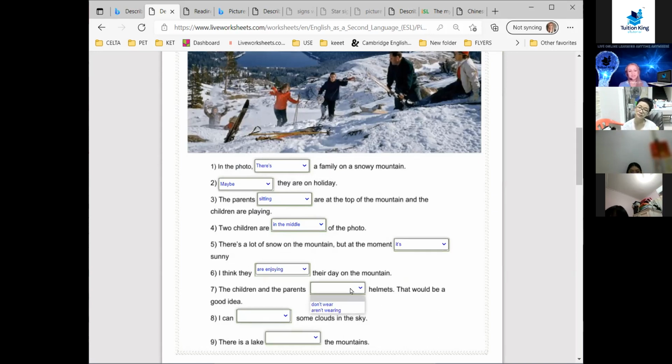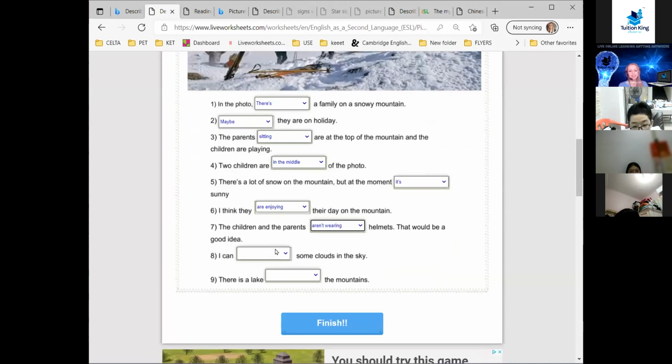Bernice, number 7, please. The children and the parents are wearing helmets. That would be a good idea. The children and the parents aren't wearing helmets. Okay, do we agree it's aren't? Okay. Kethu, number 8, please.